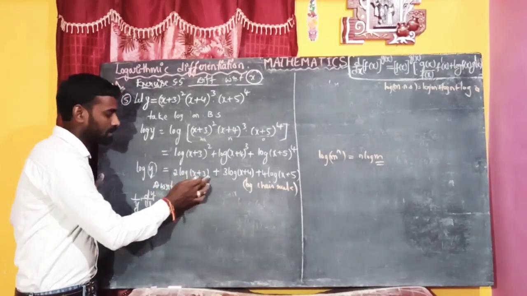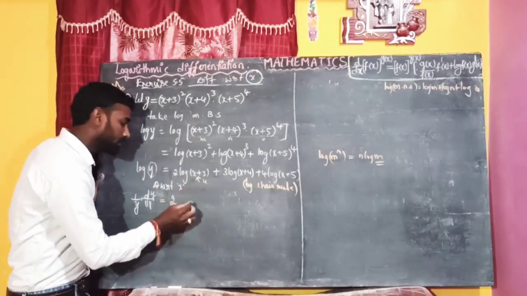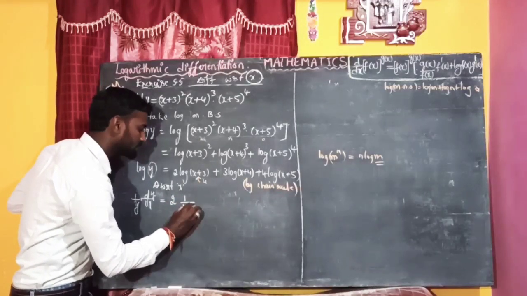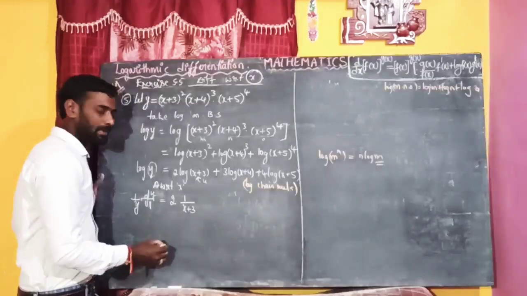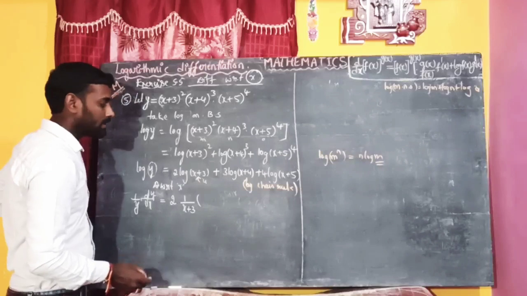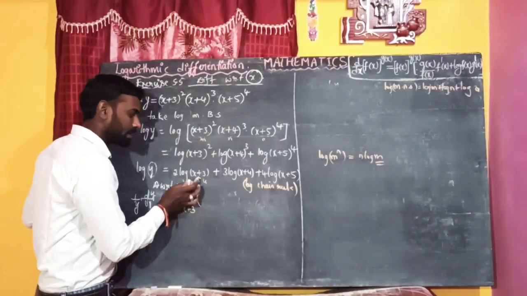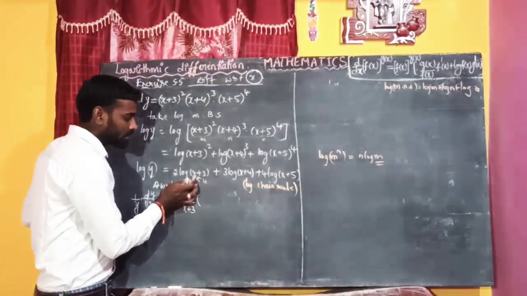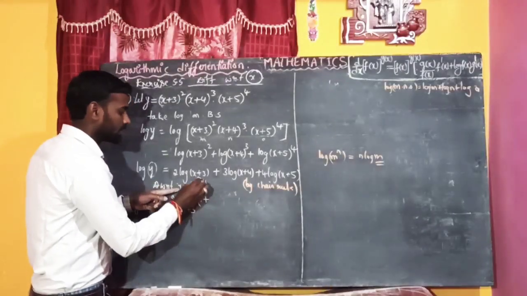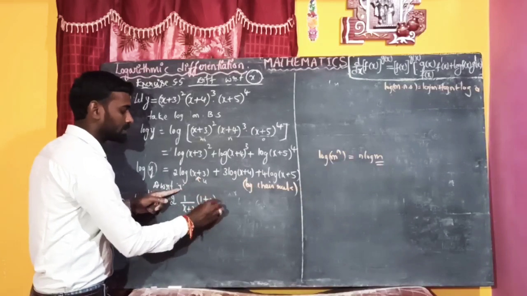Derivative of log x plus 3 is of the form log u. Derivative of log u is 1 by u, so 1 by x plus 3 into d by dx of x plus 3. Directly I will differentiate this. Observe guys, derivative of x with respect to x is 1 plus derivative of 3 with respect to x is 0.